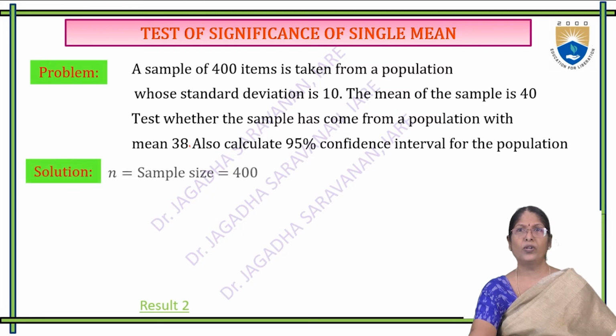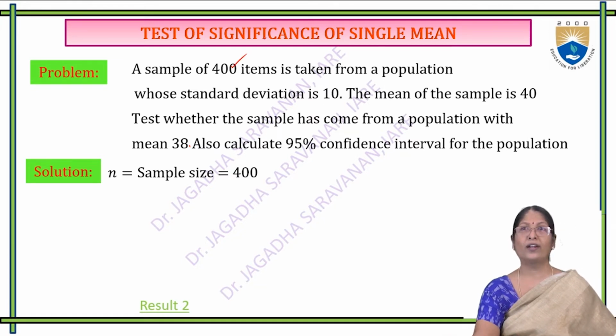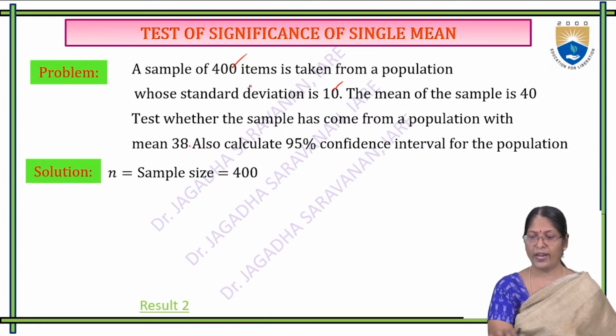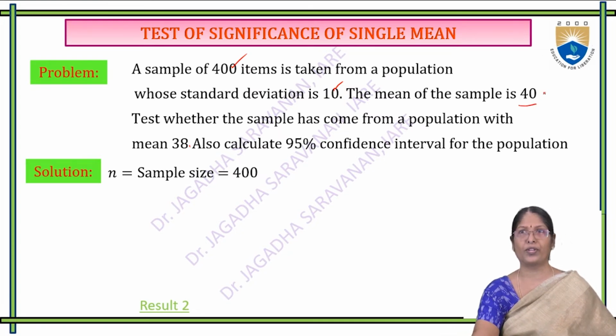Fine. So now, n equal to sample size, yes, 400 samples we are picking. From the population whose standard deviation is given, sigma is 10. Next, the mean of the sample is 40, so sample mean x bar is 40.